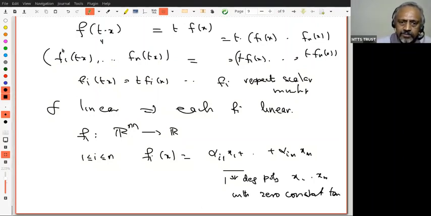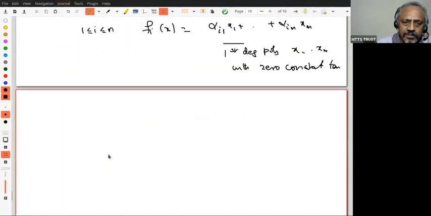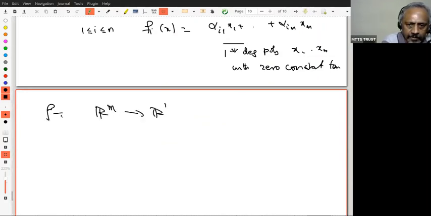Right? Therefore, what have you found out? Any linear map F from Rm to Rn is of this form.